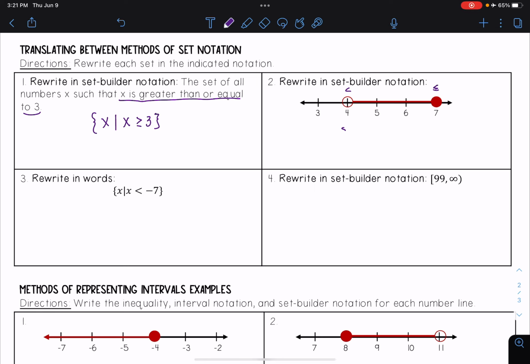If I'm writing this out, it's going to be a set of all x such that, here I have a compound inequality. We'll talk about that more later on. But to write this as an inequality, I have 4 is less than x, which is less than or equal to 7.